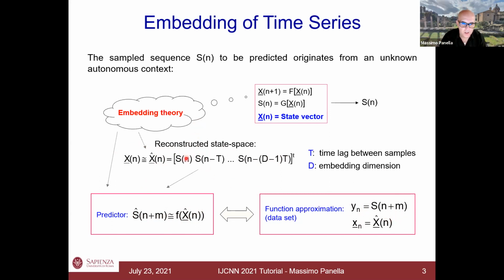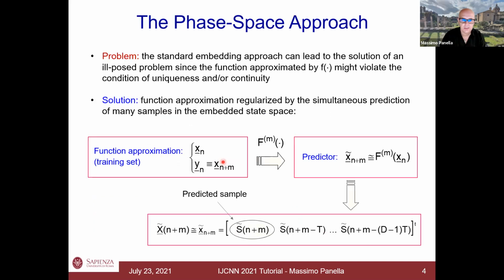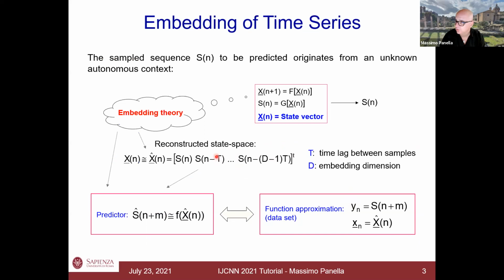In general, coming from some results of physics, this embedding is obtained by using D samples, but not consecutive samples, with a time lag, in general called T. This time lag is usually estimated by using, as we will see, Shannon average mutual information, because samples should be sufficiently distant in order to bring out some new information, but not so distant that they are independent.